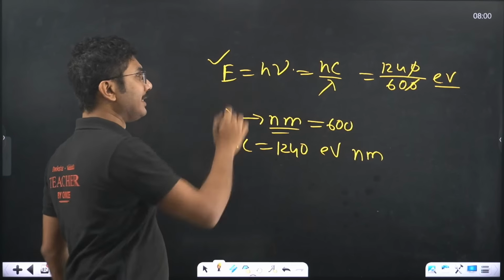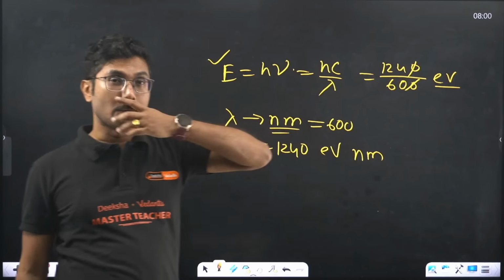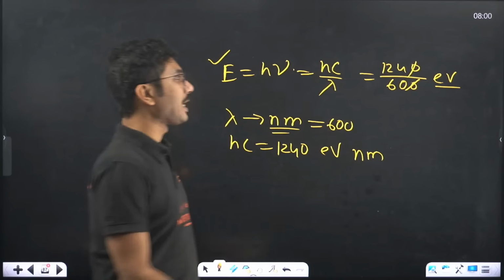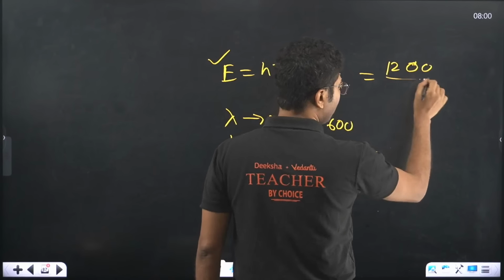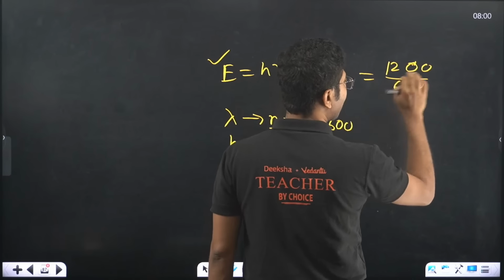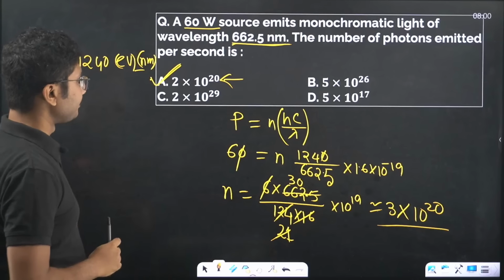If it is in terms of electron volt, you can always use hc equal to 1240. For simpler calculation, sometimes we even approximate 1240 as 1200, depending on the question. This is very handy to remember.